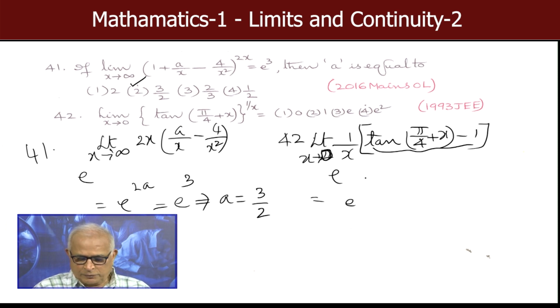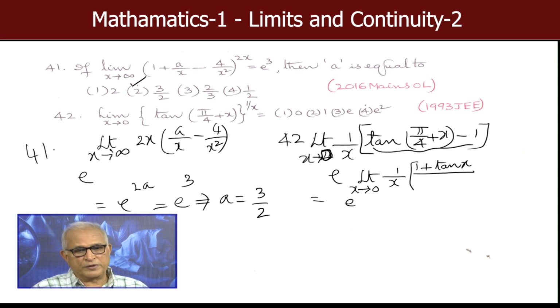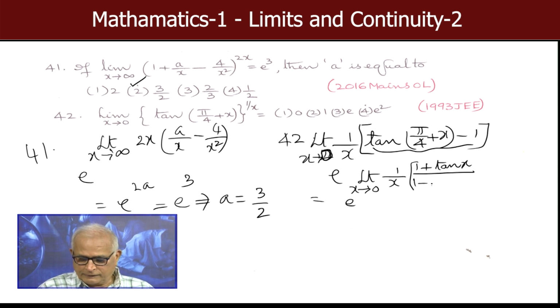E to the power of limit x tends to 0, 1 by x, using tan a plus b, it is of the form tan a plus b, tan pi by 4 plus x, tan pi by 4 plus tan x, which is 1 plus tan x, by 1 minus tan pi by 4 into tan x, which is 1 minus tan x, minus 1. What is 1 plus tan x by 1 minus tan x minus 1? 1 plus tan x minus 1 plus tan x is 2 tan x.